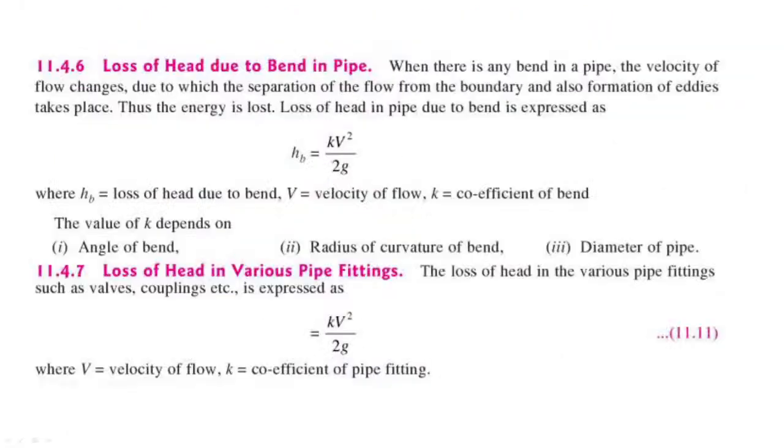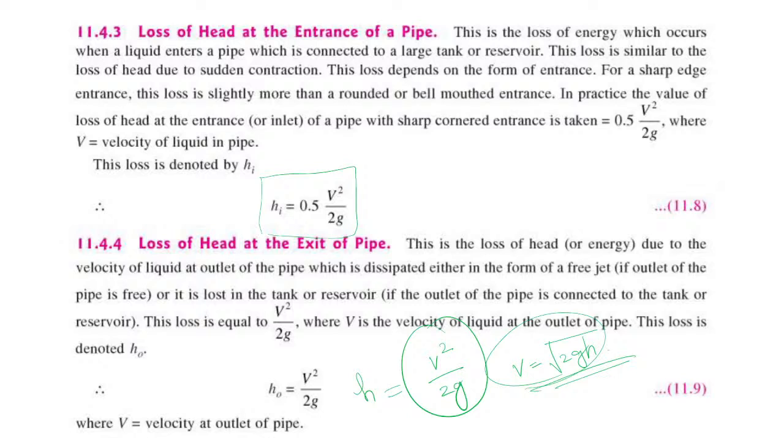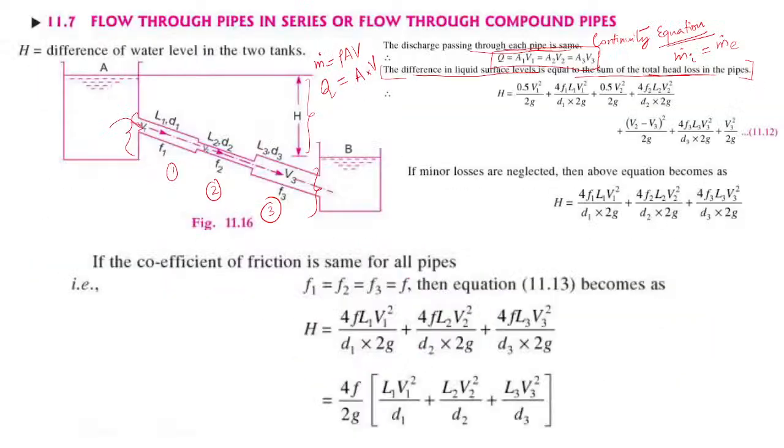Let's recap the formula we have written: for entrance, the loss is 0.5 V squared by 2g. Since it is entering pipe 1, we apply velocity V1 here.